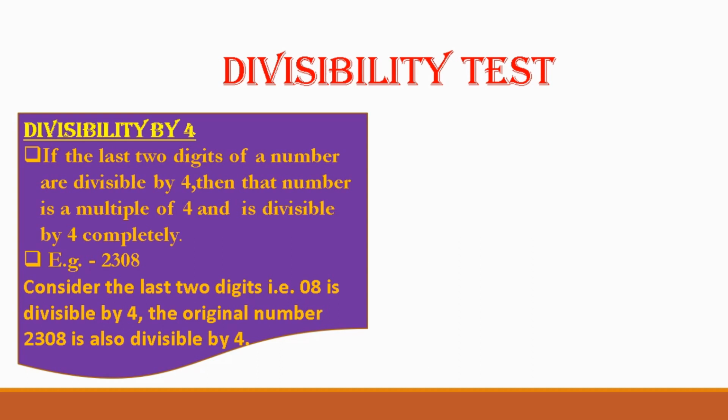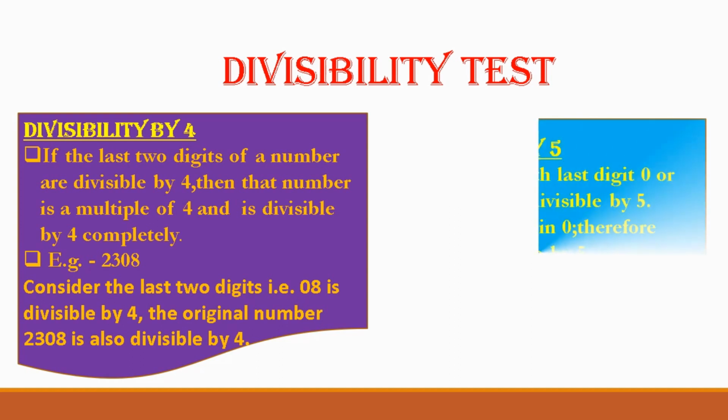Consider the last two digits, that is 08. As 08 is divisible by 4, the original number 2308 is also divisible by 4. So children, here we have to concentrate on the last two digits of a number.